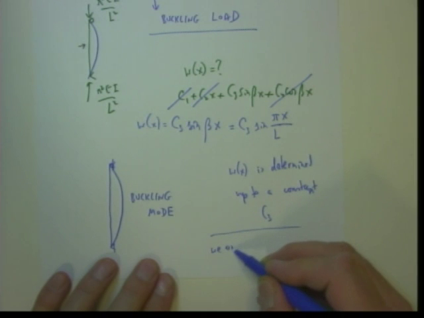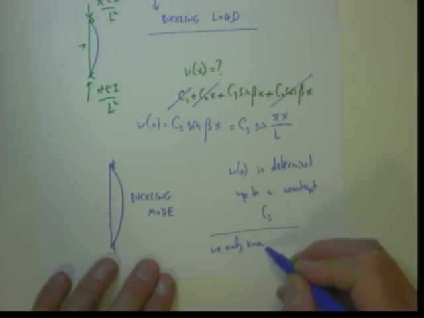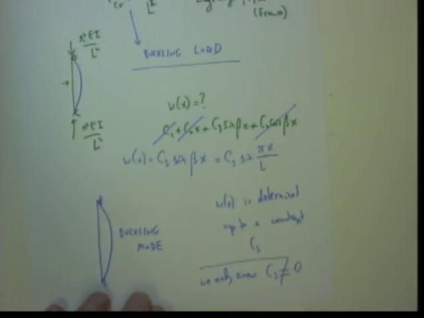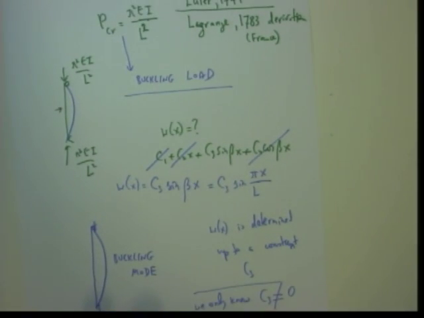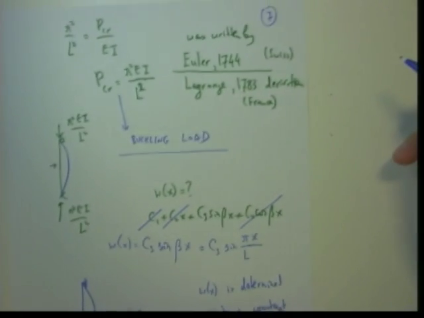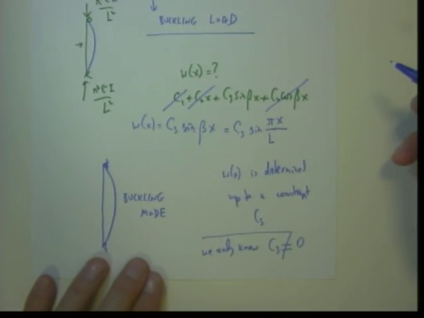So we only know C3 is not 0. Page 7. Any questions up to now?